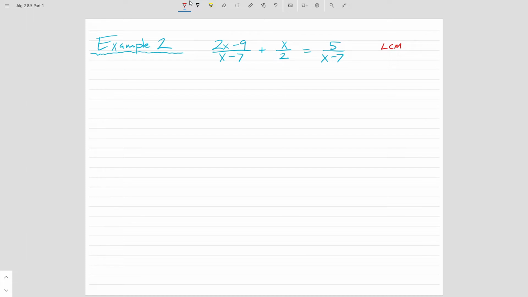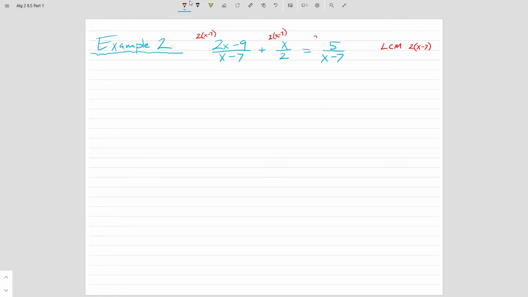So basically my least common multiple is going to be those two factors, because I could multiply everything by one or the other to make it into 2 times x minus 7. So instead of getting a common denominator, which is a method if you want to do it that way, the method we're trying is that we are purposely multiplying by the common denominator or least common multiple, and we multiply every term, so plus and minus signs and equal signs separate terms.